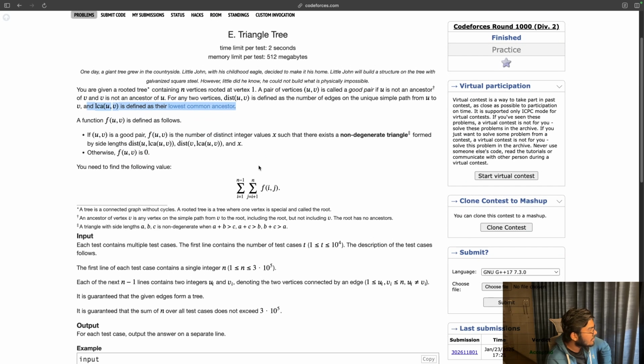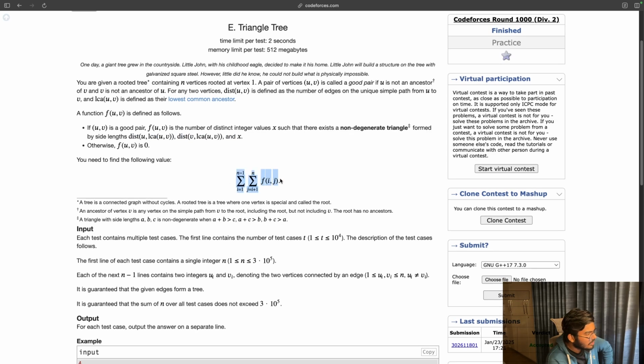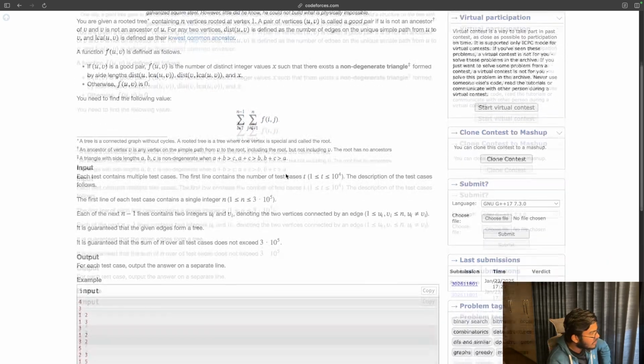And a function f of u v is defined as follows. So f of u v is the number of distinct integers x such that there are non-degenerate triangles formed by side lengths of this. Okay, and we just need to calculate this. So it is a very small problem statement.